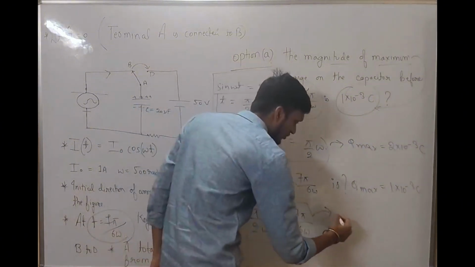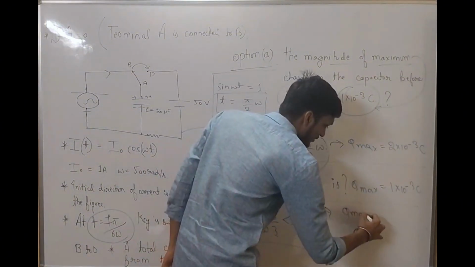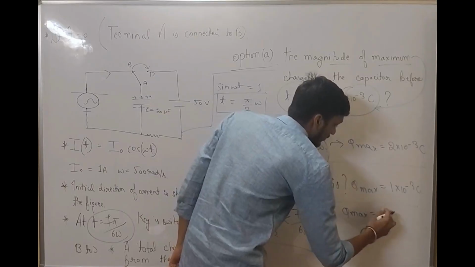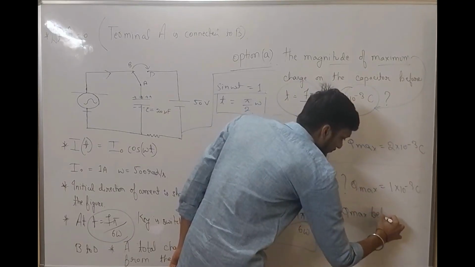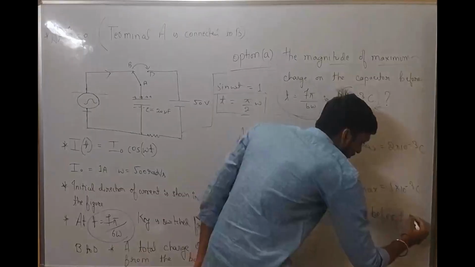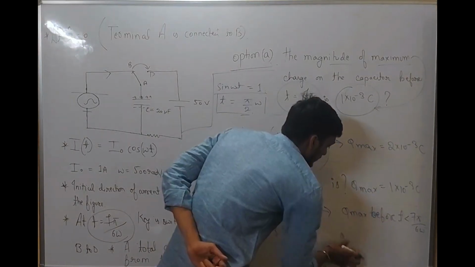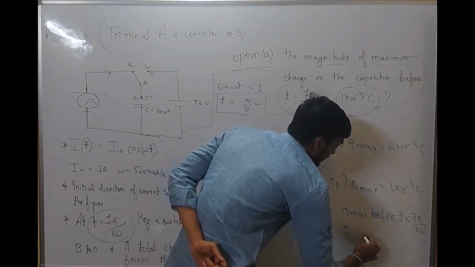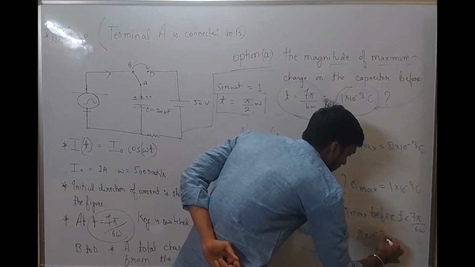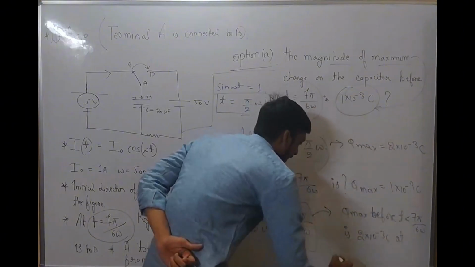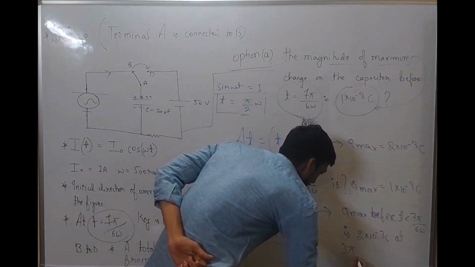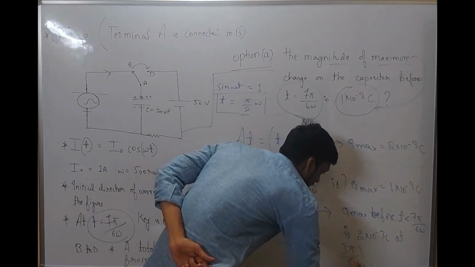Therefore, the maximum charge before time 7 pi by 6 omega is 2 into 10 to the power minus 3 coulomb, exactly at time 3 pi by 6 omega.